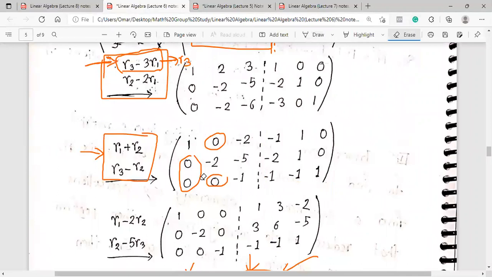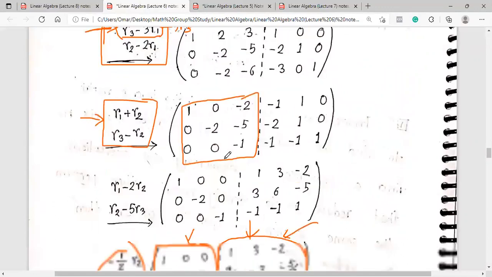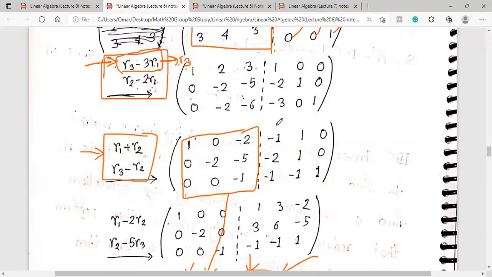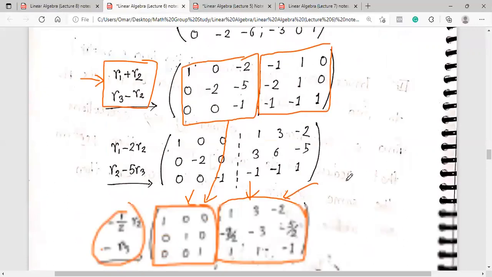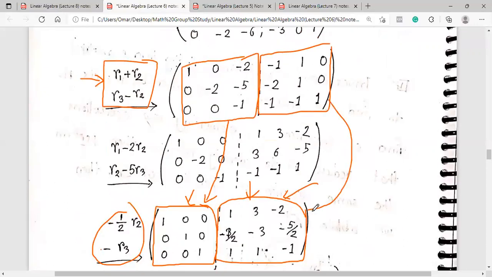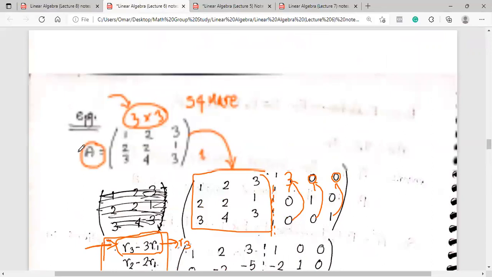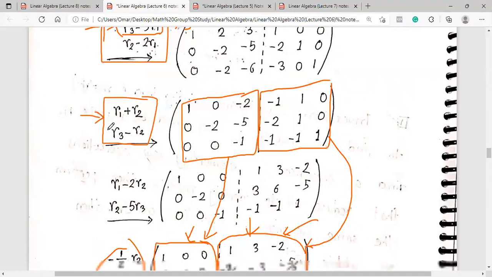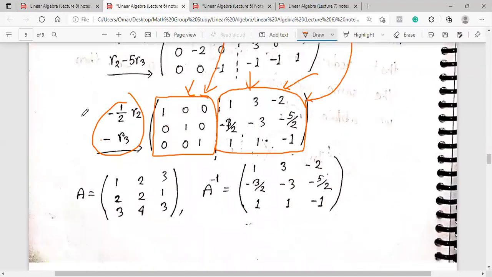So you can see that initially, little by little, our left matrix is going to become a RREF, or identity matrix, and our right matrix is little by little going to become an inverse matrix, okay? That means the inverse matrix of A, okay? So see here, this line.